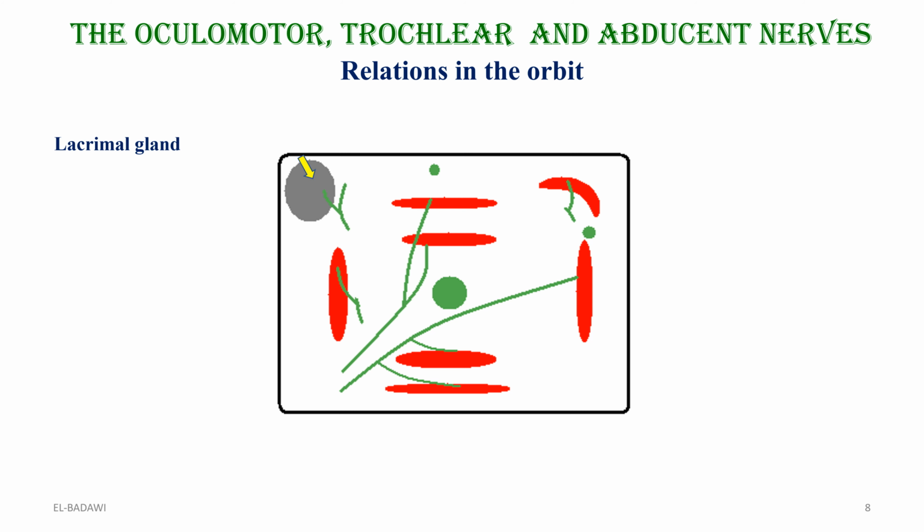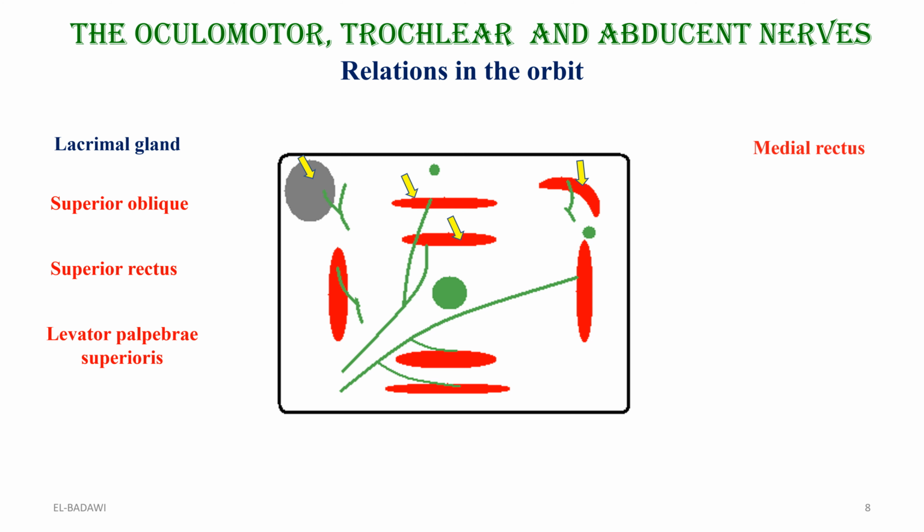On the most lateral side, the lacrimal gland, then the superior oblique in the medial upper angle, then the superior rectus, above it the levator palpebrae superioris, then the medial rectus on the medial side, the inferior oblique, above it the inferior rectus, and most laterally will be the lateral rectus.